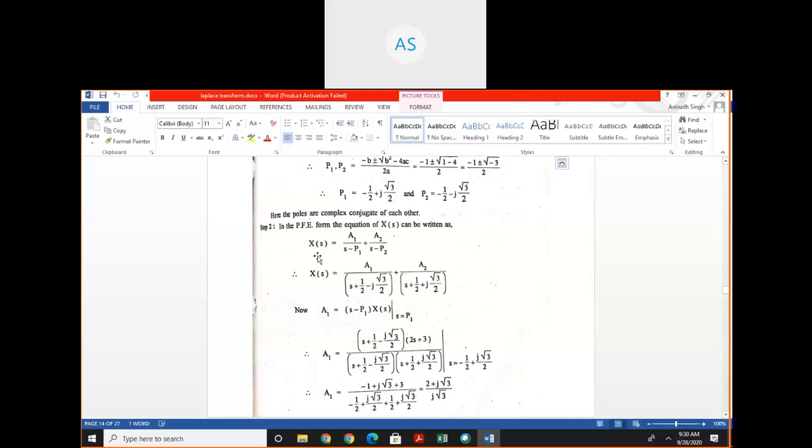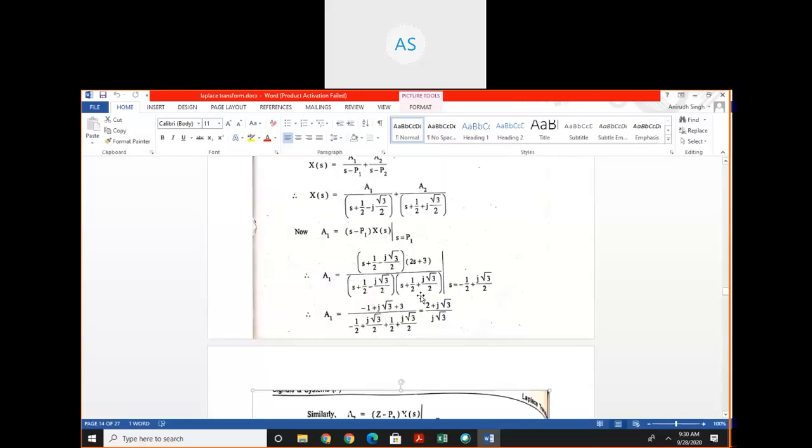Then write X(s) in partial fraction form, A1 by s minus p1 plus A2 by s minus p2, and substitute the values of p1 and p2. Then calculate the value of A1.